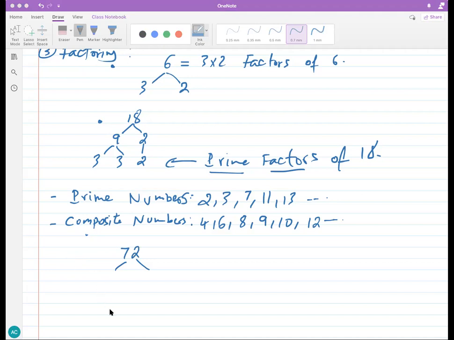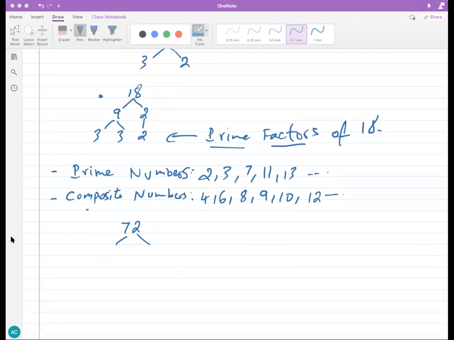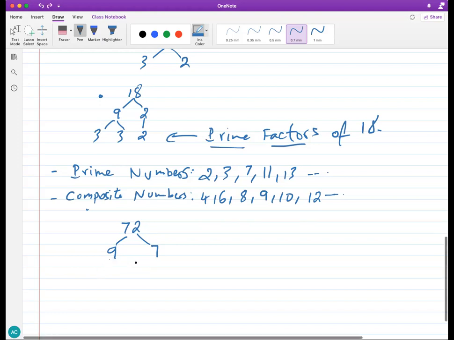You could start with any numbers here, or you can start with 36 and 2. That's the same thing. So 9 and 8. What do you do after that?